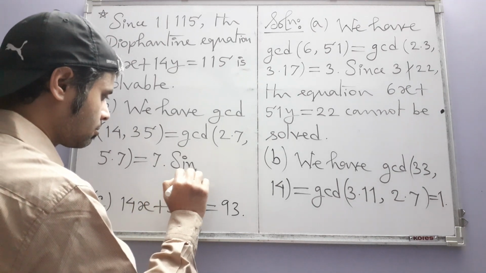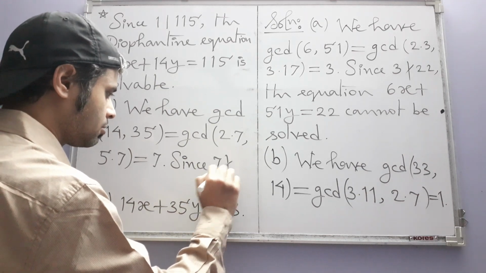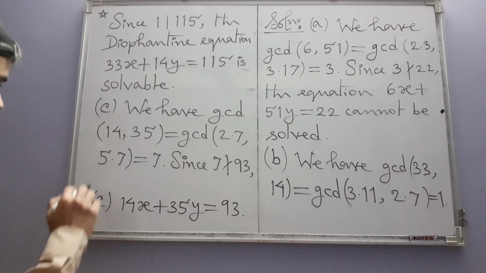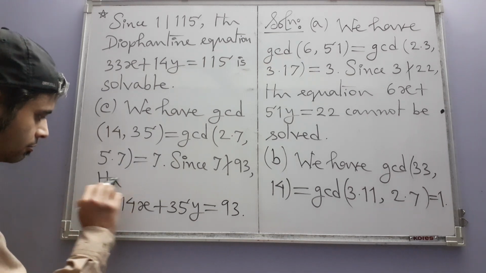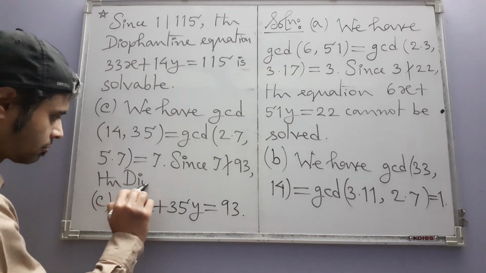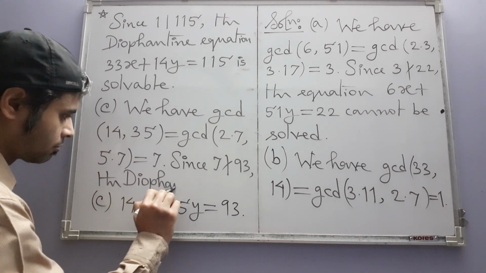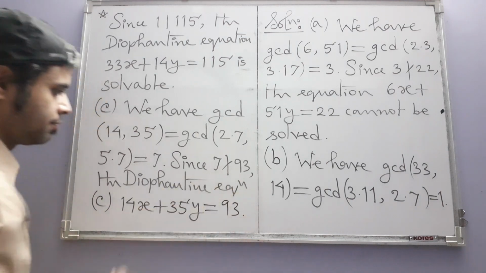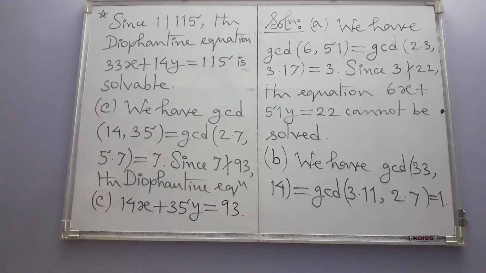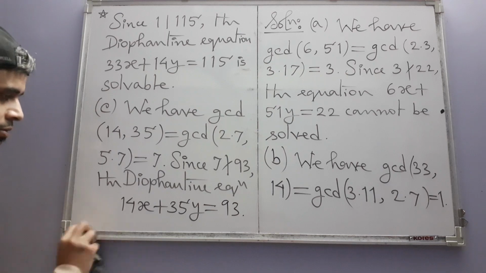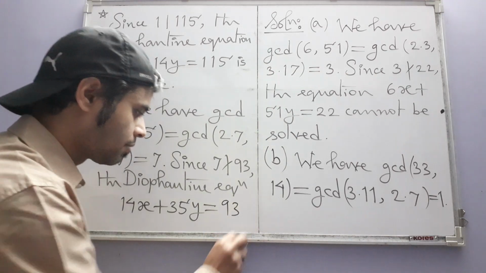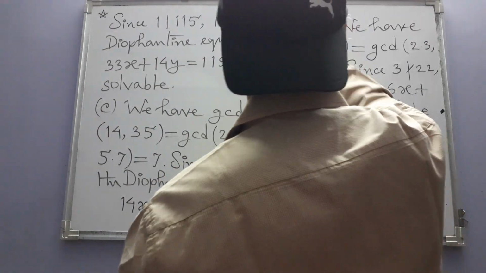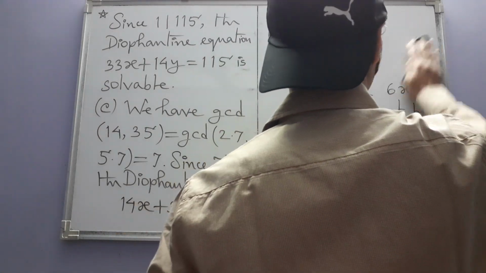Since 7 does not divide 93, the Diophantine equation, I'm writing in short because I already have the equation here, luckily it has appeared here itself, is not solvable.